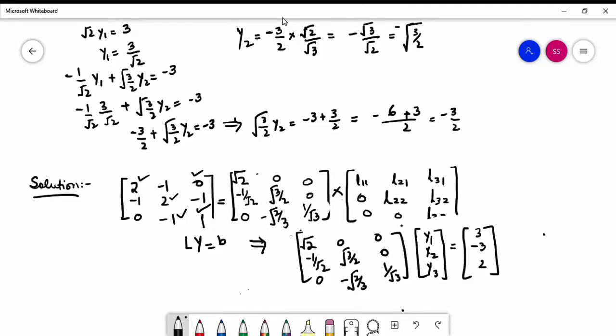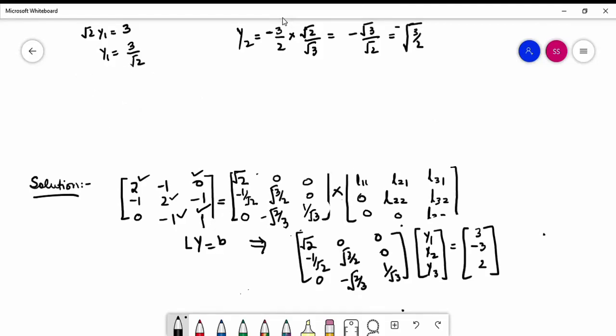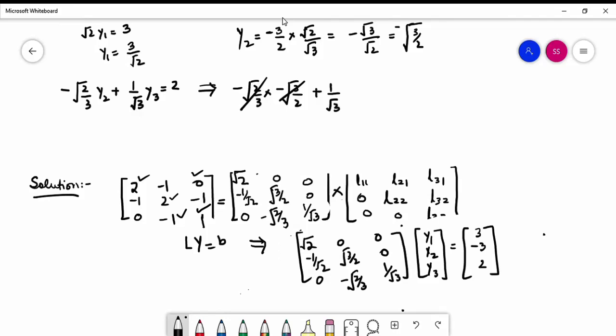-√2/3 y2 + 1/√3 y3 is equal to 2. Multiplying -√2/3 by -√3/2, it is basically 1/3 plus 1/√3 y3 equals 2.